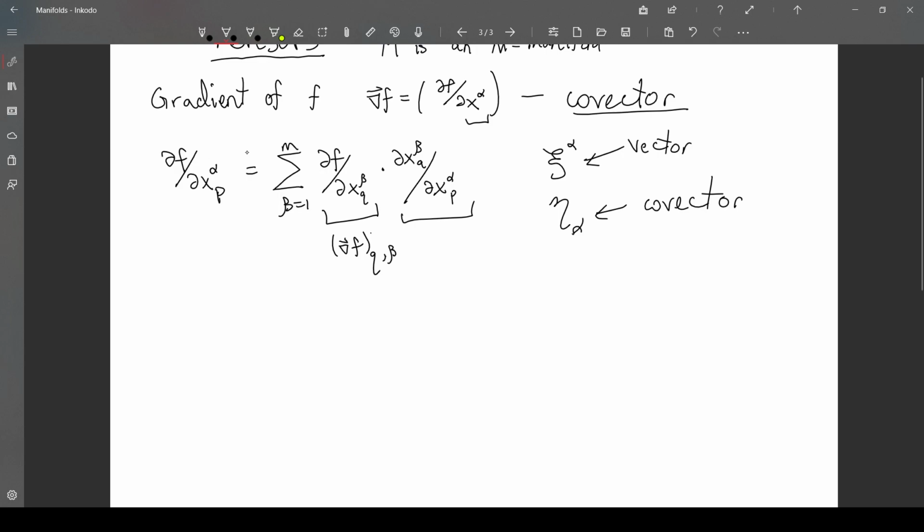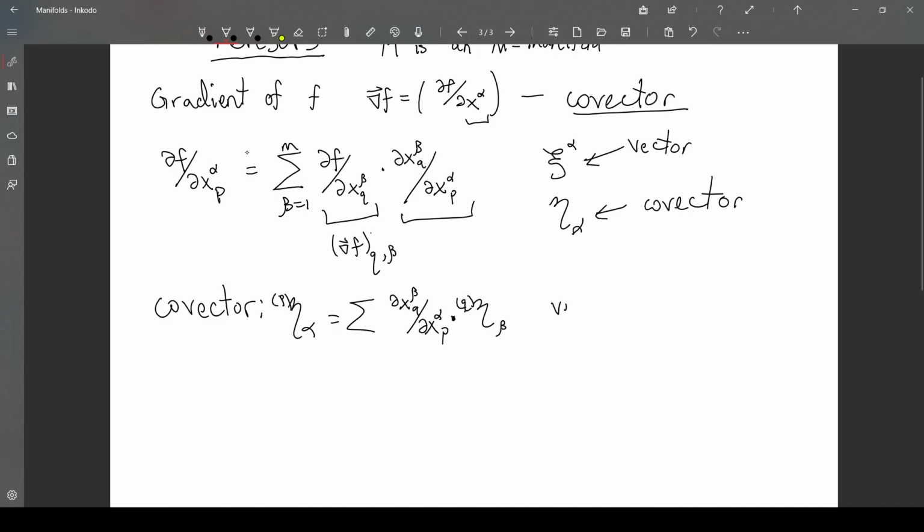So a covector satisfies: the component alpha on P would be a sum over dx beta Q over dx alpha P times the component beta in the Q chart.